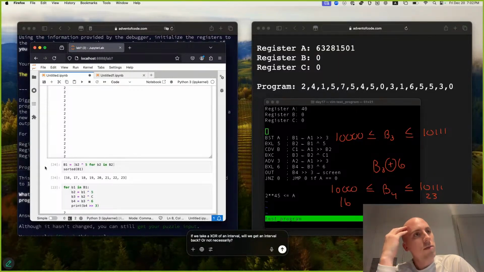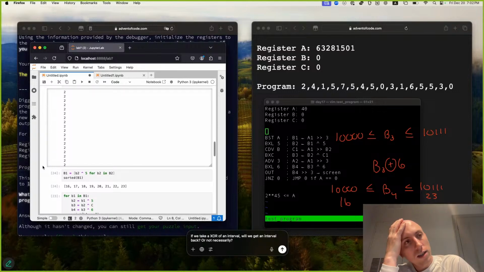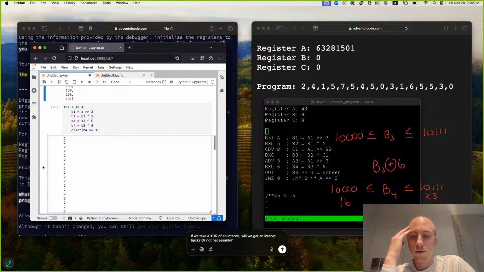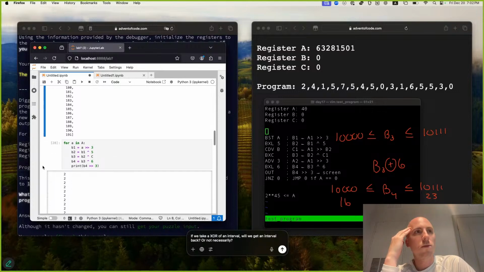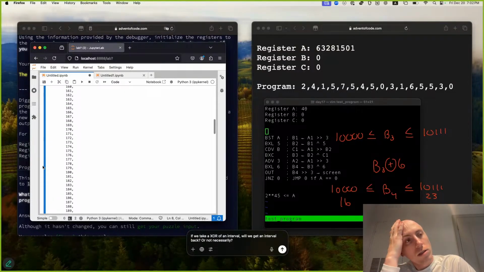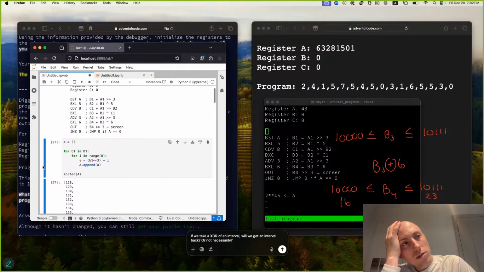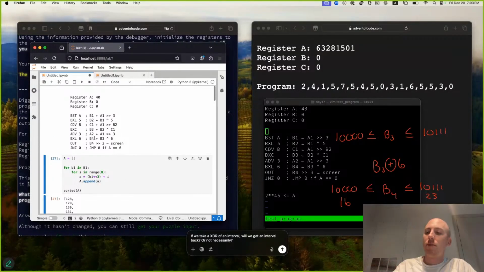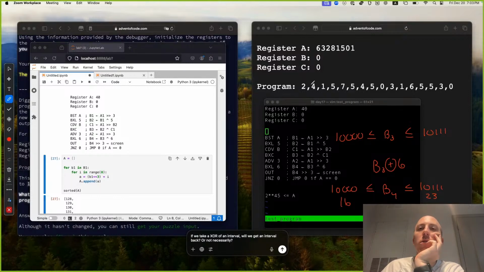So that works there, and that gives us a 2. Now, that gets us to the first run, but we need to go multiple runs. Now we need to output a 4.